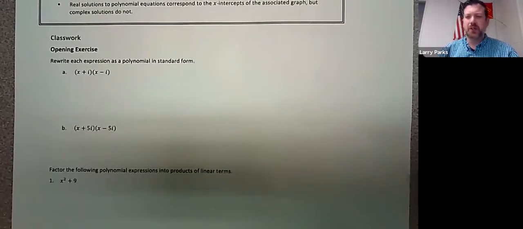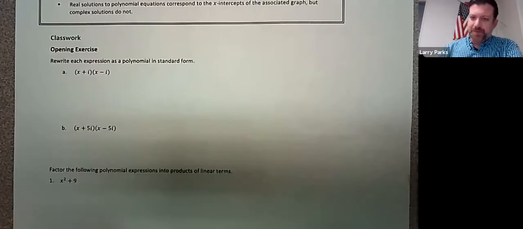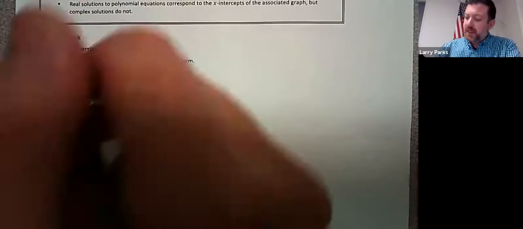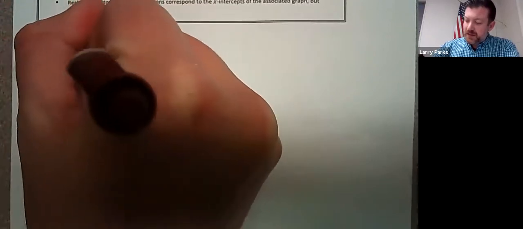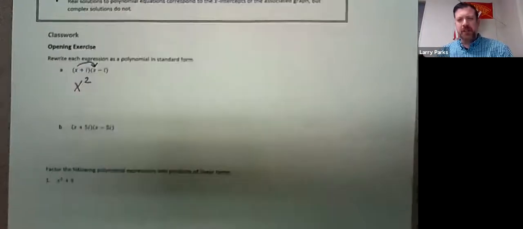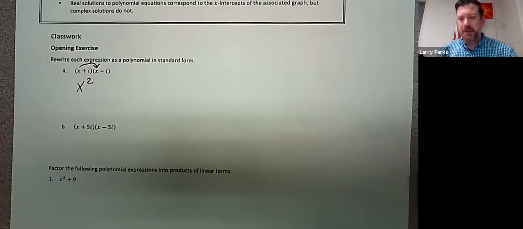How do you multiply x plus i times x minus i? And so this should be review. You would take your x times your x. And I am going to go through this part a little faster because we spent time on this already and it's supposed to be just review.